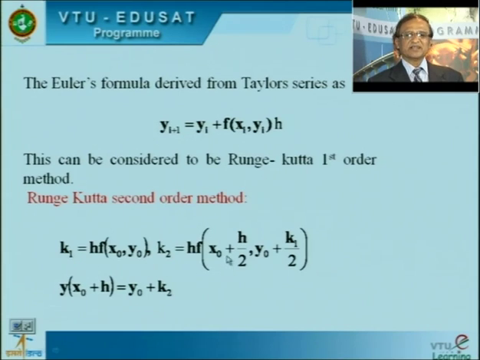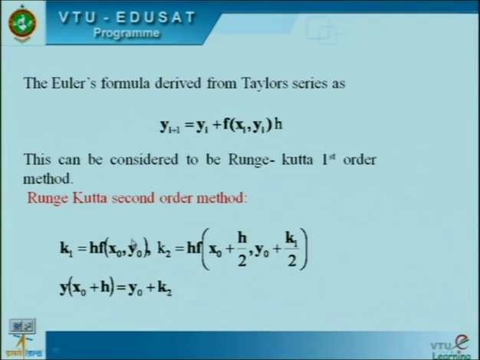Similarly, I can replace the x coordinate by x naught plus h by 2, and y naught plus k1 by 2, since k1 is known, we have just calculated it. Using these known values I can obtain another constant, say k2. So, y of x naught plus h is equal to y naught plus k2. This represents the second order RK method.